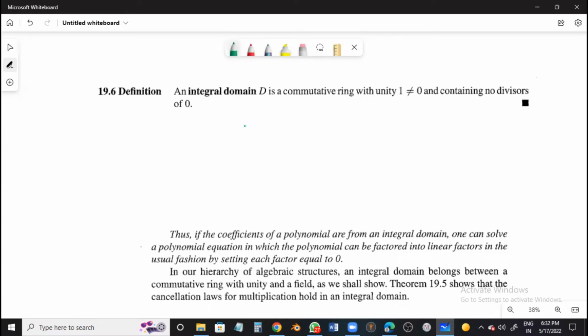So what do you think? Is Z6 an integral domain? Is multiplication commutative there in Z6?